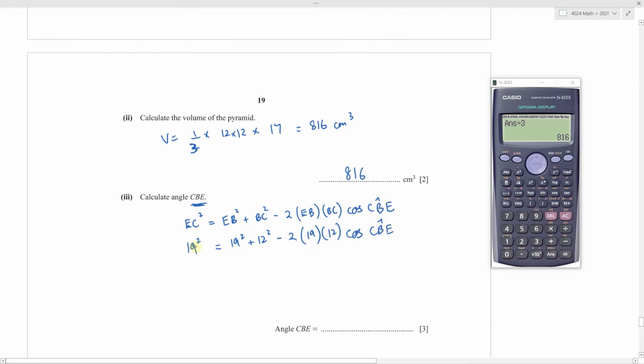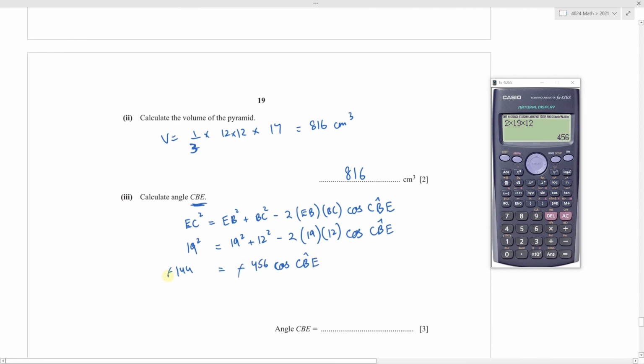Let's take this to the other side. 19 squared minus 19 squared will be 0. So this will be minus 144, since 12 squared is 144, minus 2 times 19 times 12, which is 456, cos of CBE.